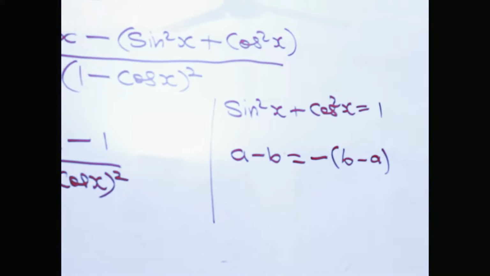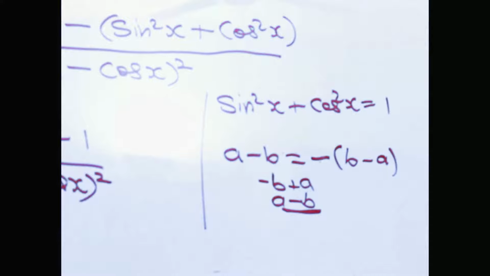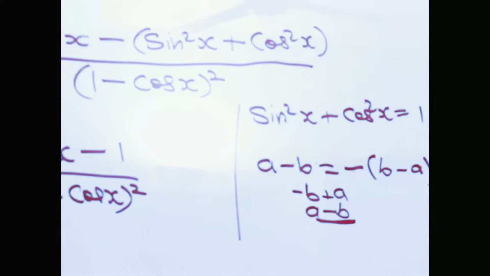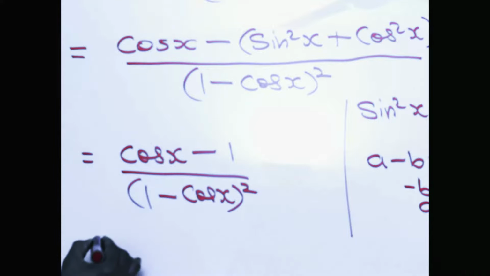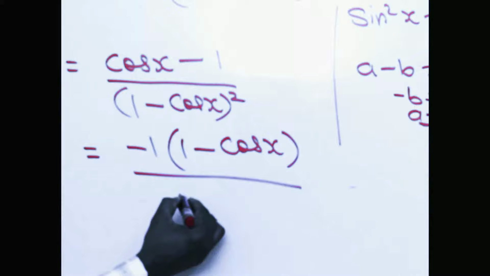Minus into cos x is minus cos x, and minus into minus 1 is plus 1, so cos x minus 1 becomes minus of 1 minus cosine x, divided by 1 minus cosine x all square.